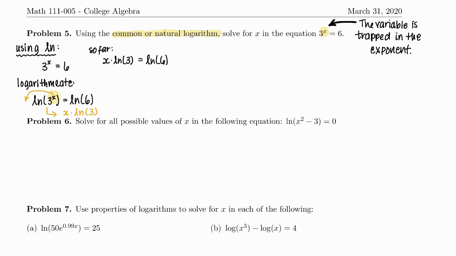And the natural log of 3 and the natural log of 6 are just numbers. I don't know off the top of my head what they are, but that doesn't matter because we can treat them like numbers. So to solve for x, I can divide both sides by the natural log of 3.